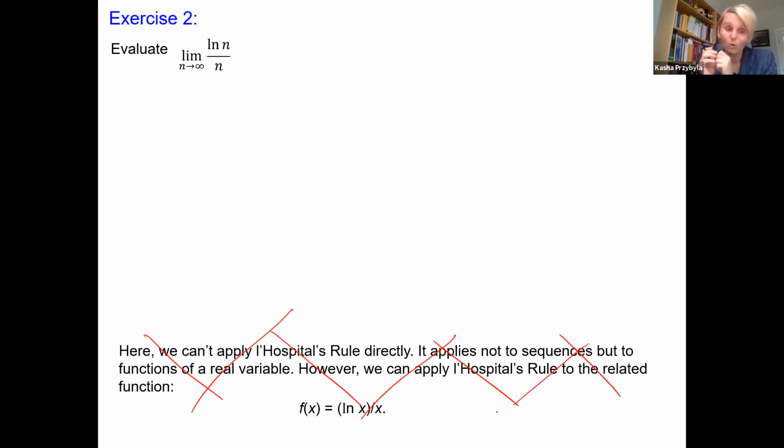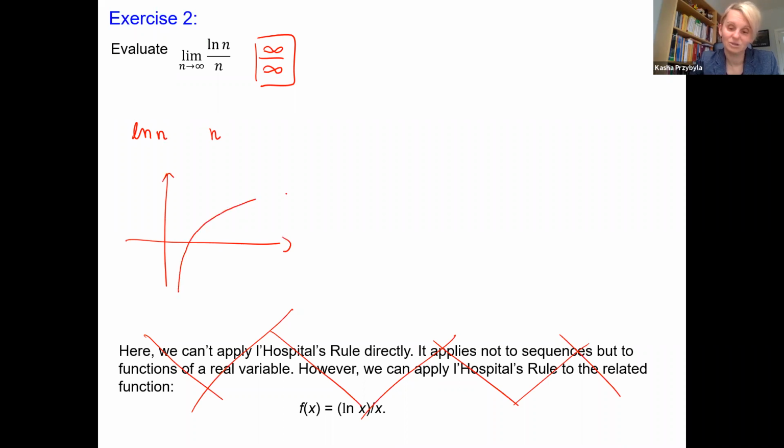We definitely have infinity over infinity, and we may think we can use L'Hopital's rule, because it's ready. Or we can think in terms of the growth rate, natural logarithmic function versus the linear function. Which function grows faster?